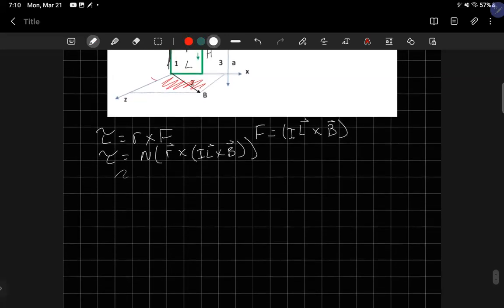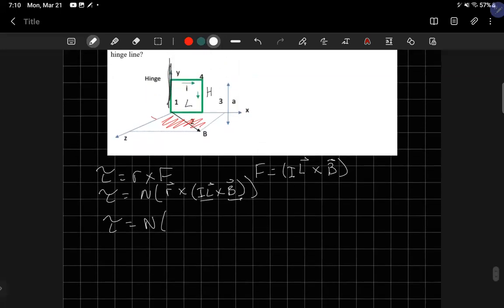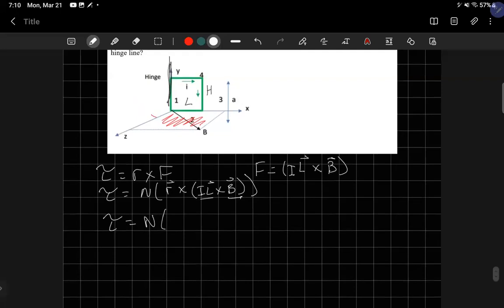Well, let's see. Tau is equivalent to N, R cross I, L cross B. This is on the ZX plane, and this is on the X plane, question mark?